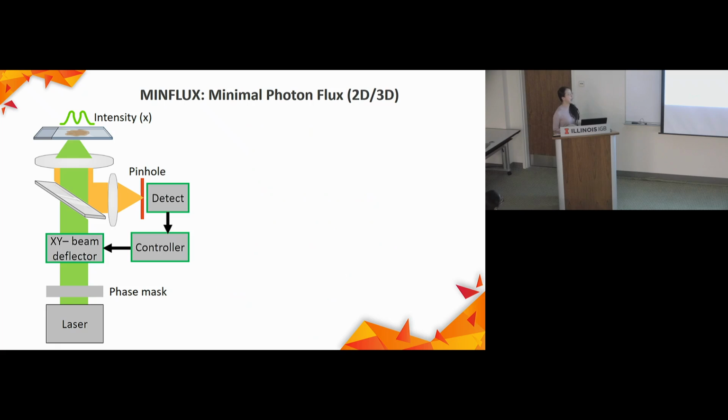Let's move on to a little bit more complex system in 2D and 3D. So in 2D, what you will need to determine the position of your molecule is not only 2 points, but at least 3 points, better to be 4 points. So the same idea, your donut-shaped laser is going to scan through point 1, point 2, point 3, and finally localize to point 4 to know where your molecule is at.